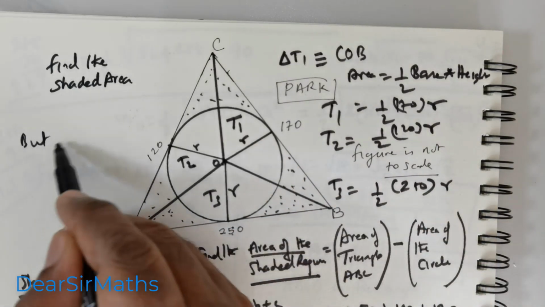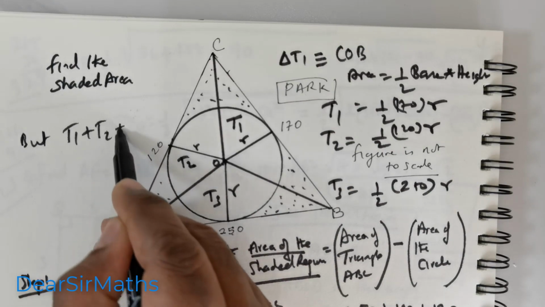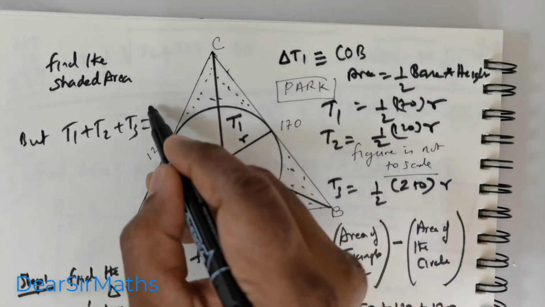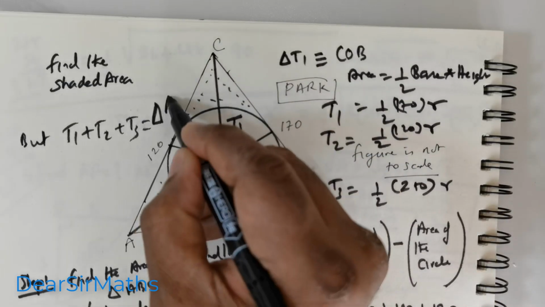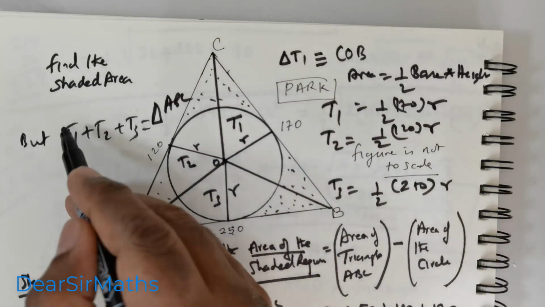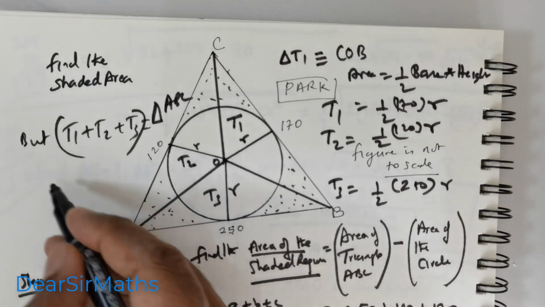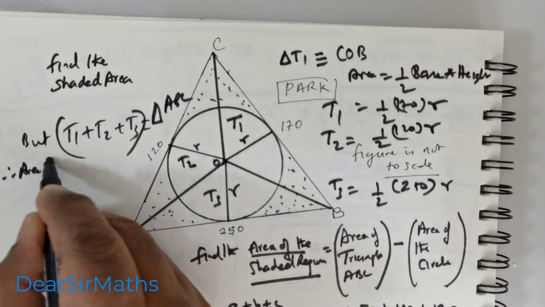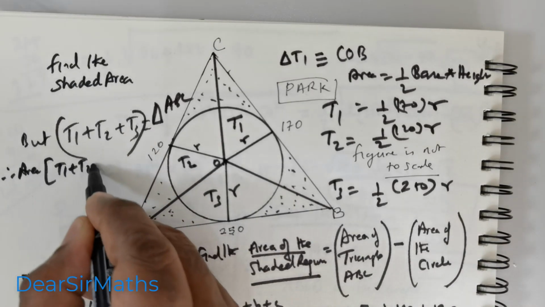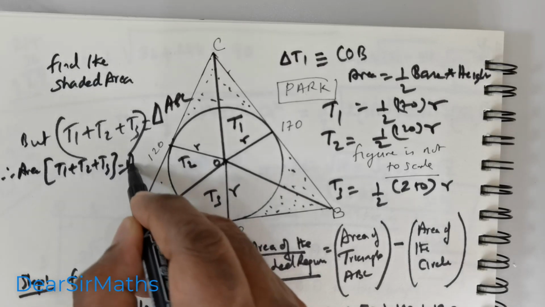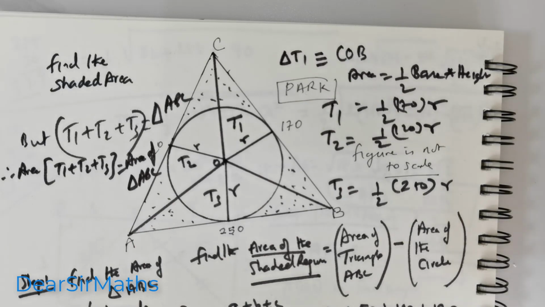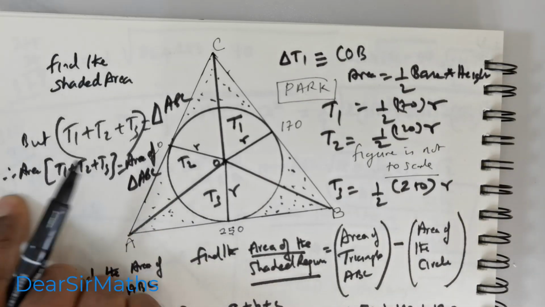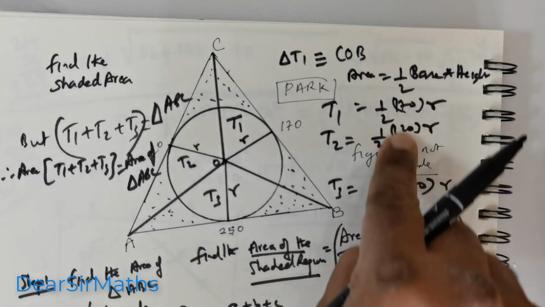T1 plus T2 plus T3 is nothing but triangle ABC, right? Therefore area of T1 plus T2 plus T3 is equal to area of triangle ABC. Fair enough, right? So in place of this I'm going to substitute the sum of all this.